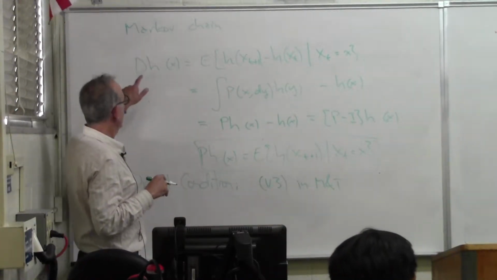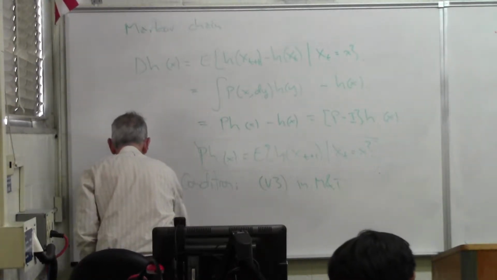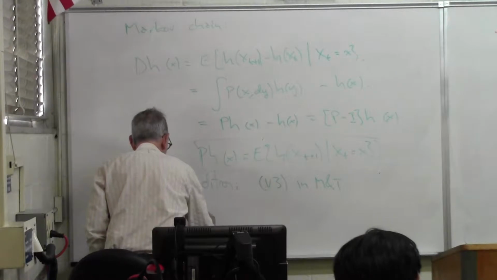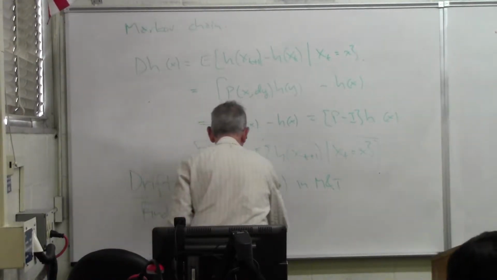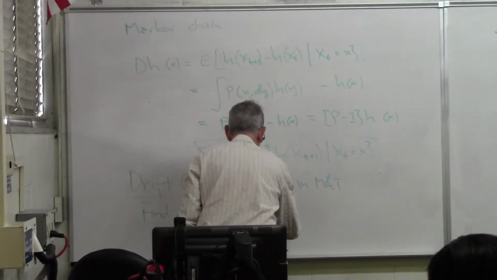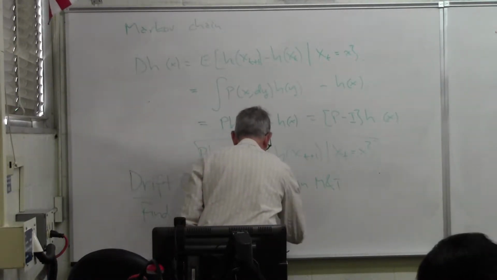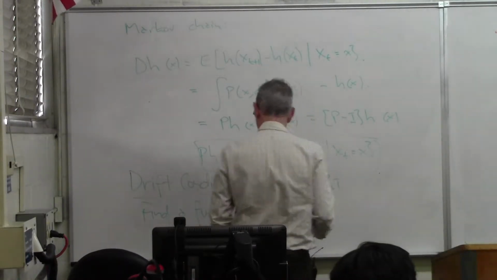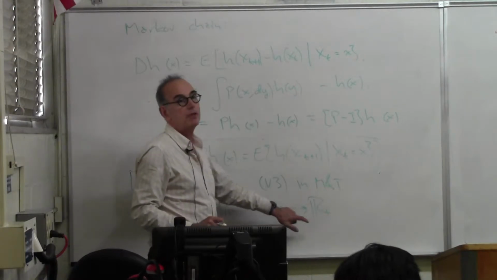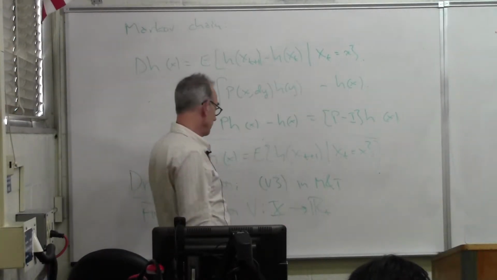And it is, I want a non-negative function. So I want a function V from the state space to the non-negative numbers. It's a Lyapunov function if you've seen these before.